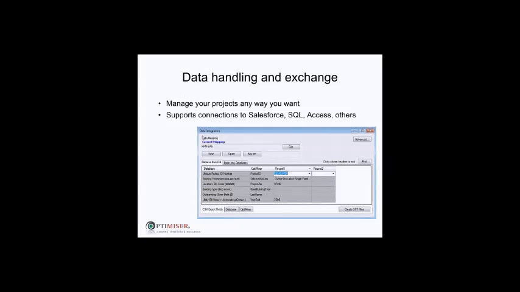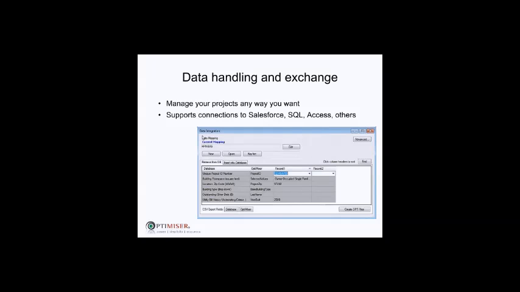We also can connect to databases. There's, I think, about 10 that you can connect to: Salesforce, a bunch of different SQL types, MS SQL, MySQL, Oracle. You can connect to Access locally, Excel, FileMaker, and we have a database integrator mapping tool that automatically goes up.